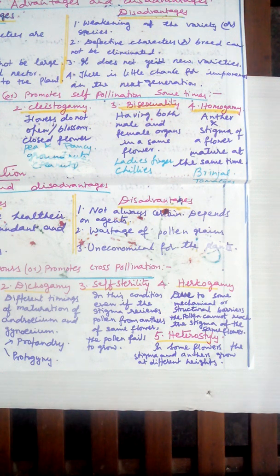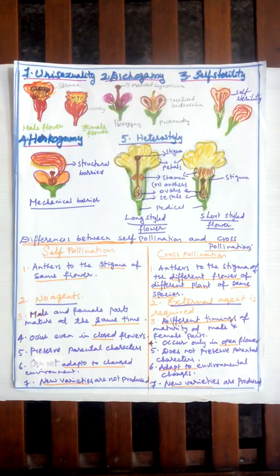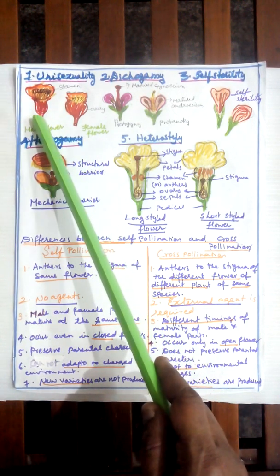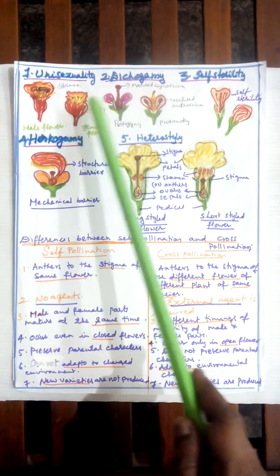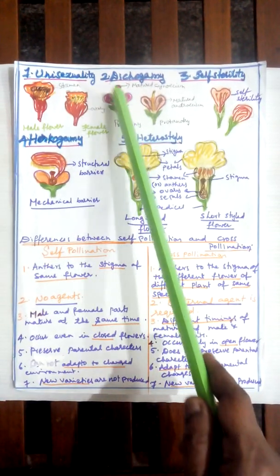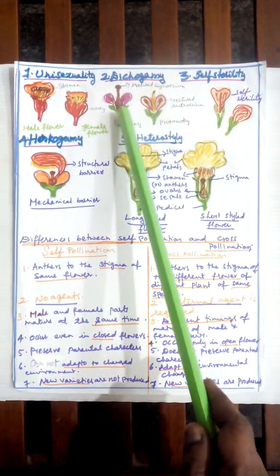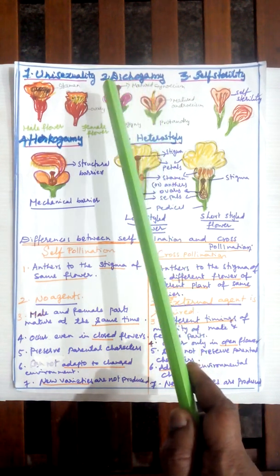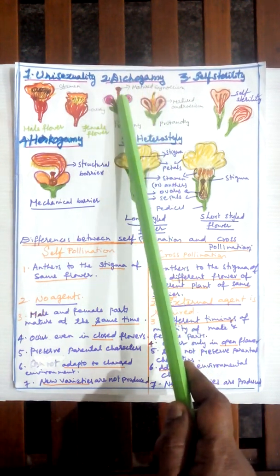In such flowers, the stigma will be either small or big. You can clearly see in the diagram: unisexuality. This is a male flower and this is the female flower. In this you can see dichogamy. Here the androecium matures first. Here the gynoecium matures first.